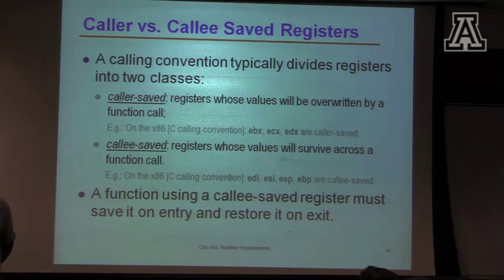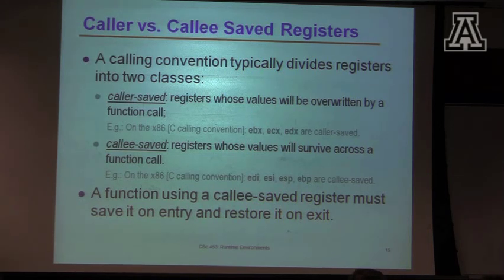You can construct some situations where that's wasteful. So what we'll do, and we'll get into this in a little more detail on Wednesday, is divide up the registers into some that are saved by the caller, and it's the caller's responsibility, and some that are saved by the callee, and that's the callee's responsibility. As the name suggests, some are caller saved, some are callee saved. We'll get into that on Wednesday. Okay, so I'll see you guys then.